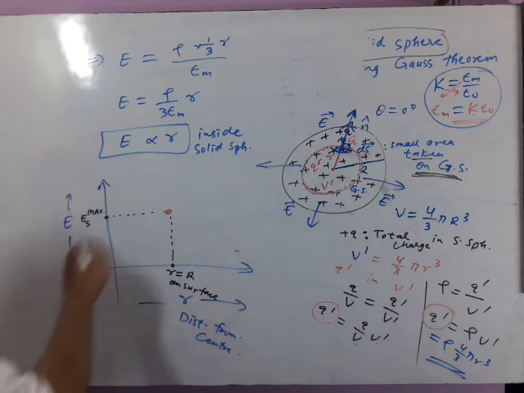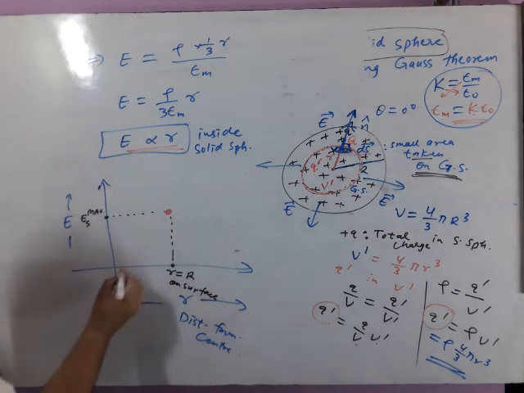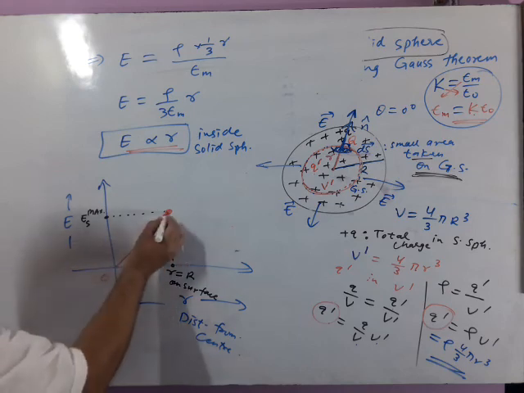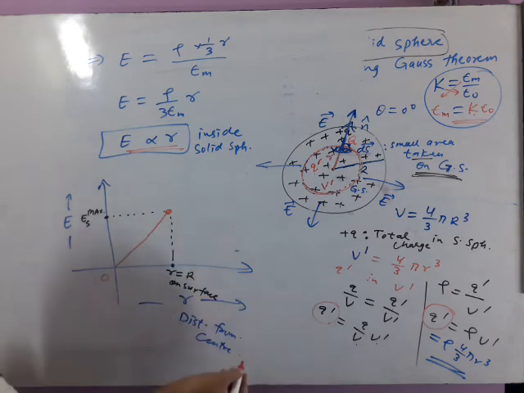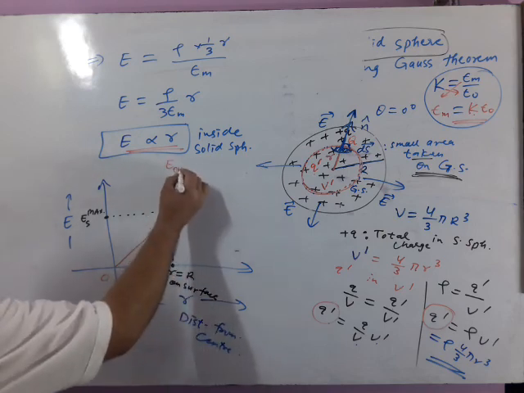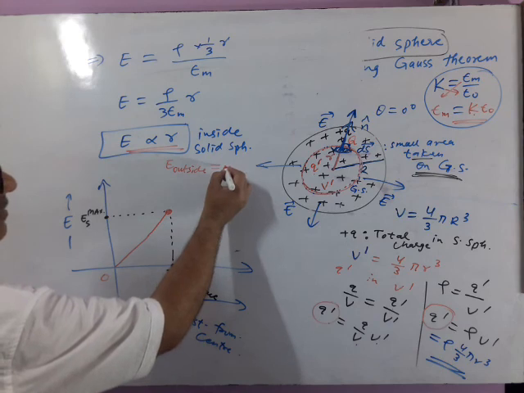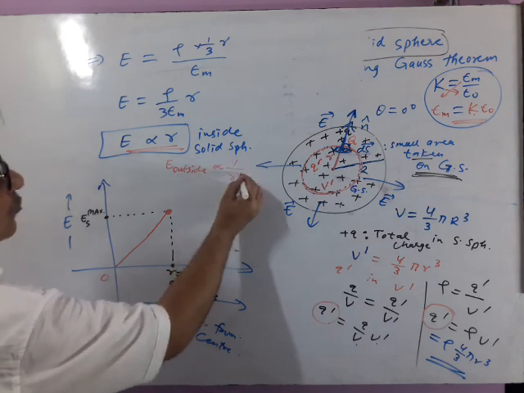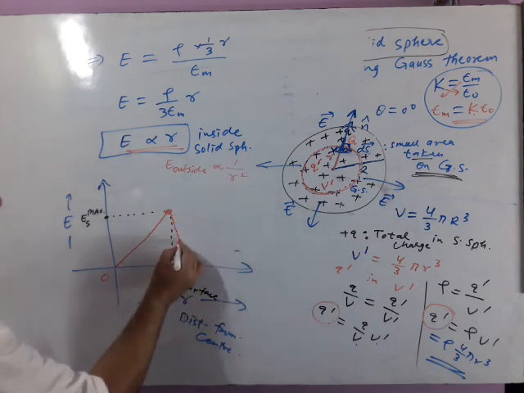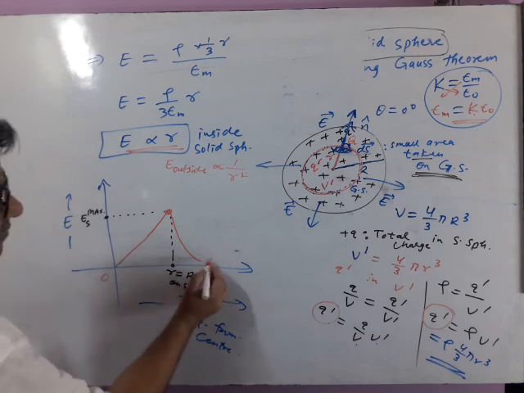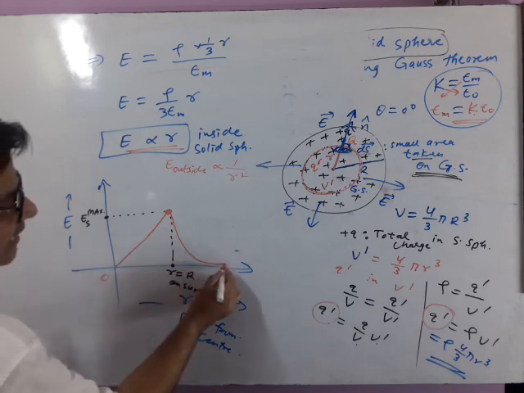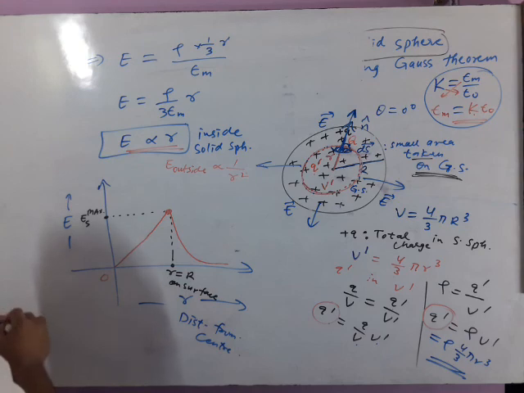Inside, both are directly proportional, which means a straight line graph passing through the origin. Outside, it follows the same style as a hollow conducting sphere, inversely proportional to r square. So it will follow this graph, and finally we take it parallel to the axis, since at infinity it can be 0.